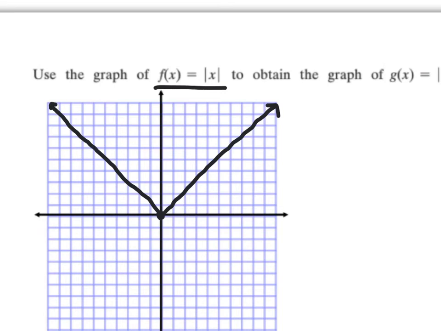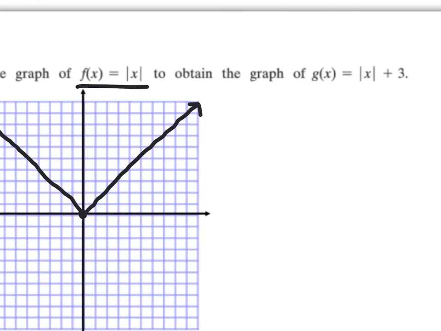If I want to do a +3, then I'm going to physically shift this graph up 3 units, since that 3 is on the outside. So I'm going to go up 1, 2, 3, and my graph has been shifted up all those units.